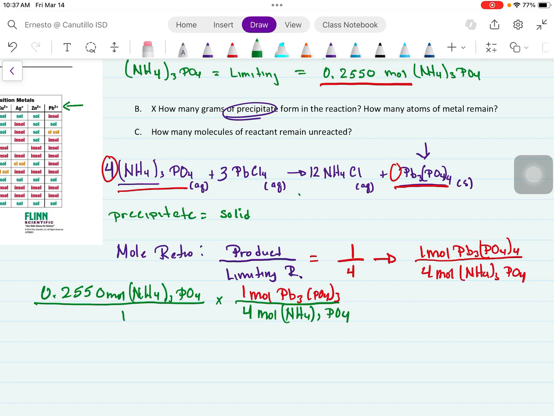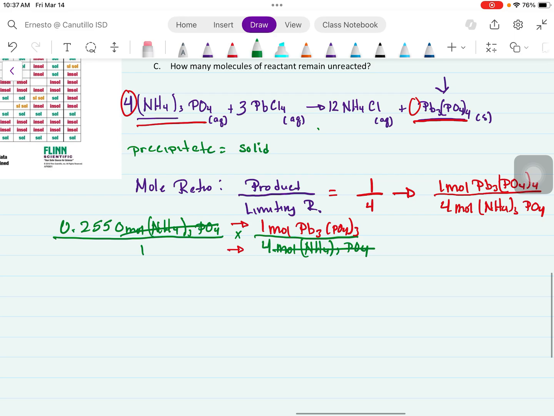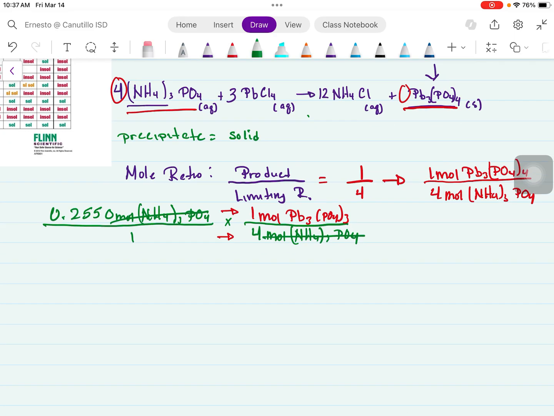Okay, now when you set this up, you're going to multiply everything straight across. Okay, when you do that, these units are going to cancel. All right, so let's simplify this now.